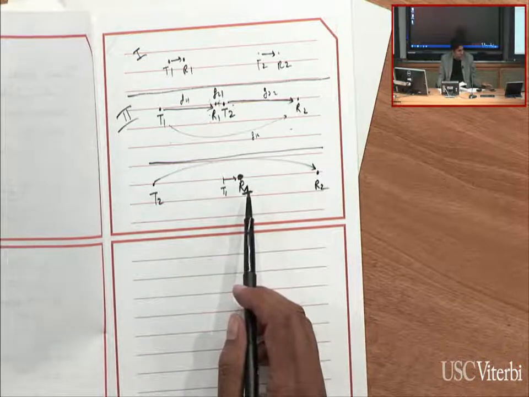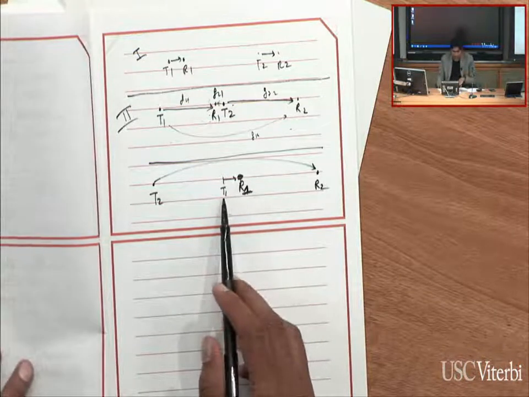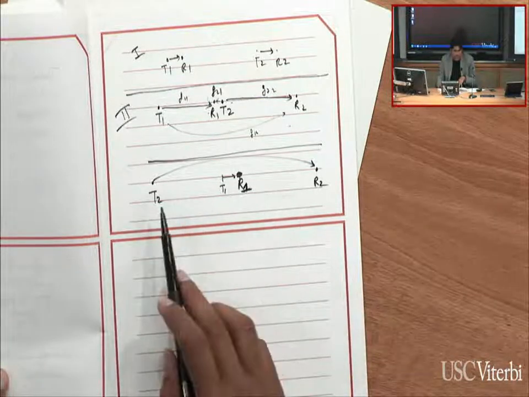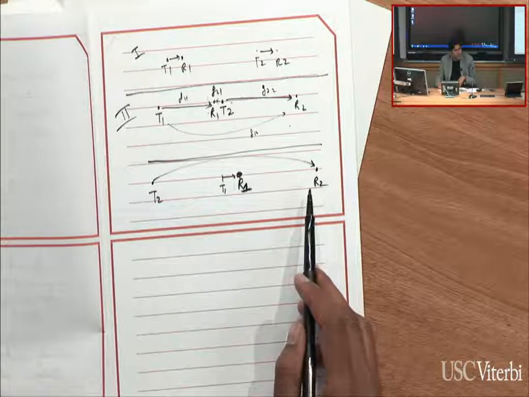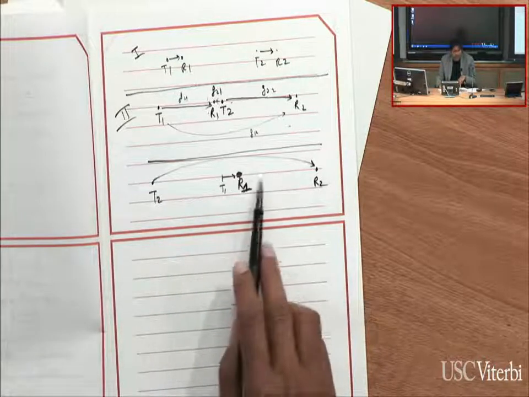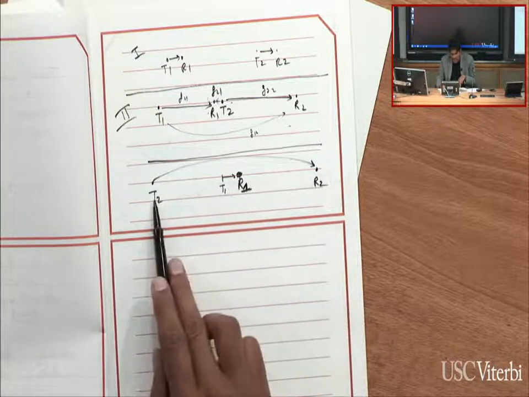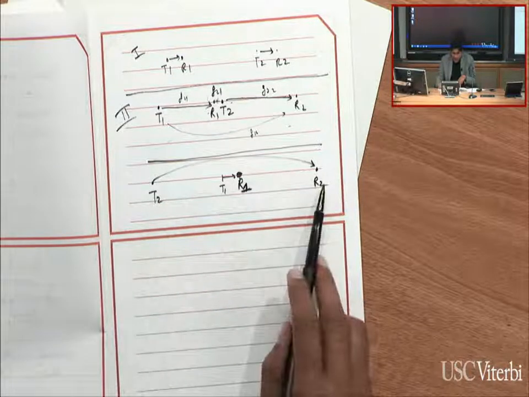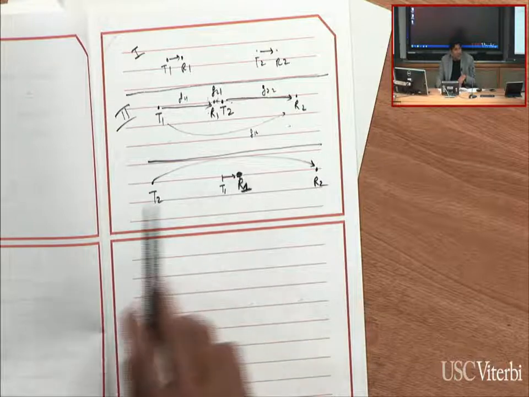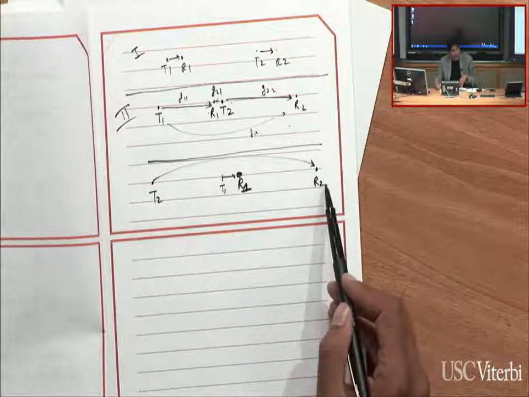So this is a scenario in which there is one link where the two nodes are close to each other, and another link where the nodes are far from each other. Okay? It's really not obvious that there is a way for both of these links to be satisfied simultaneously, because it feels like however loud T2 has to be to reach R2, it will probably be interfering with R1 a lot, because it has to shout to be heard at R2, right?